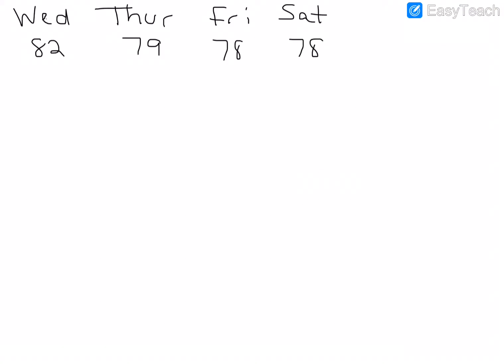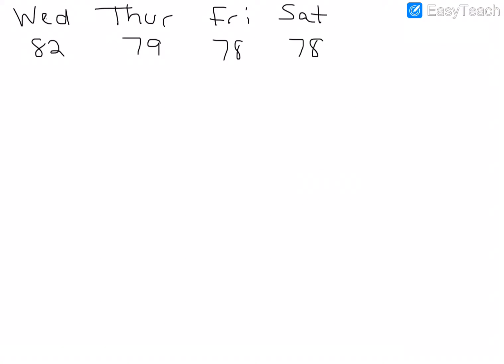Wednesday, Thursday, Friday, and Saturday. Okay, so let's say we have the temperature on Wednesday of 2 weeks ago was 82 degrees, Thursday it was 79, Friday it was 78, Saturday it was 78.